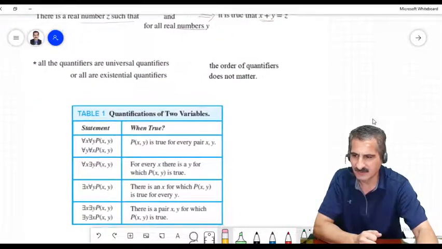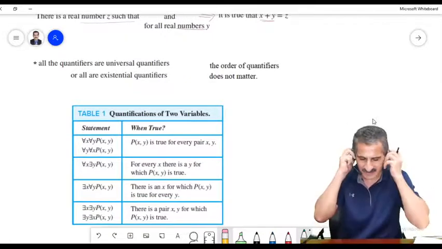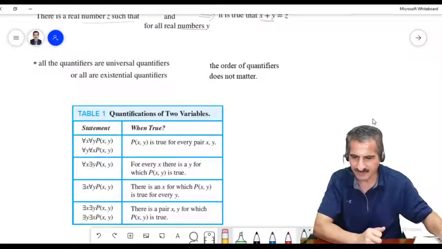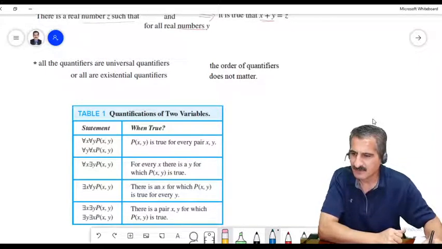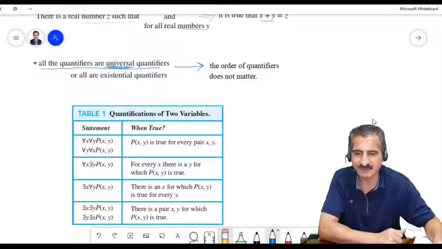Okay, so now I just said that, but it is written here. It says if all quantifiers are universal, then the order does not matter. Or if all of the quantifiers are existential, then the order does not matter.